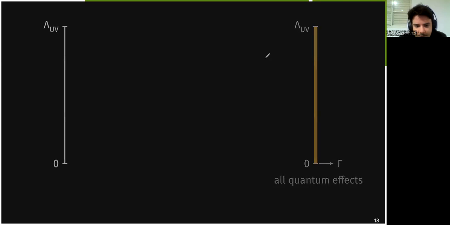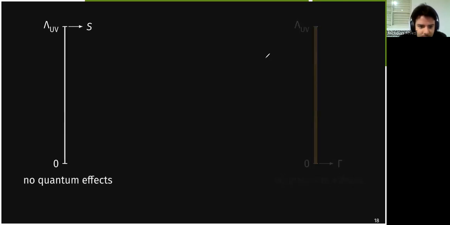Now we have many ways of interpreting how we want to do this. First, we can consider all modes of a theory, and this will give us what we call the effective action or the quantum action, which has all quantum effects considered. We can consider no quantum effects, in which case we have only the classical action with no quantum effects at all.